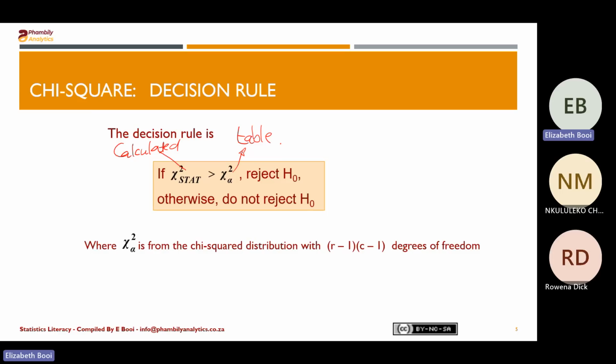To find the critical value, we always use your alpha, which is your level of significance, and the degrees of freedom. And your degrees of freedom is calculated as the number of rows minus 1 times the number of columns minus 1.